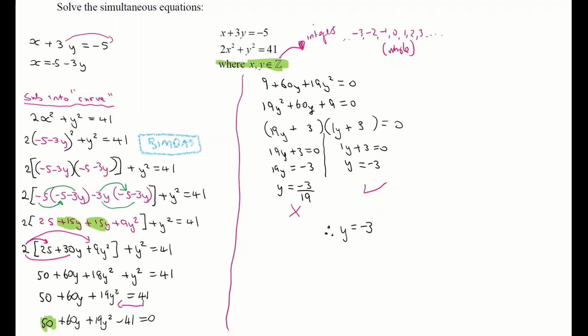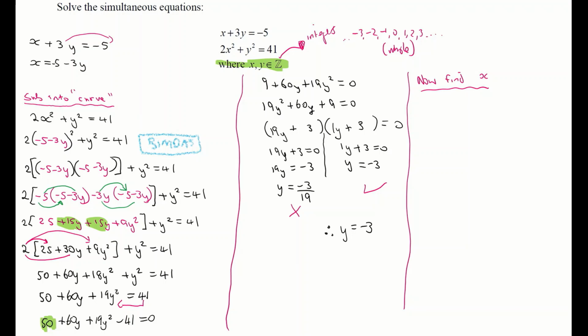Now, if you want to check that, what you need to do is sub that back into your original equations, and you should see that minus 3 is our only solution there. So we're not finished. We've only now found the value for y. Now we need to go off and find our value for x. So now find the value for x.